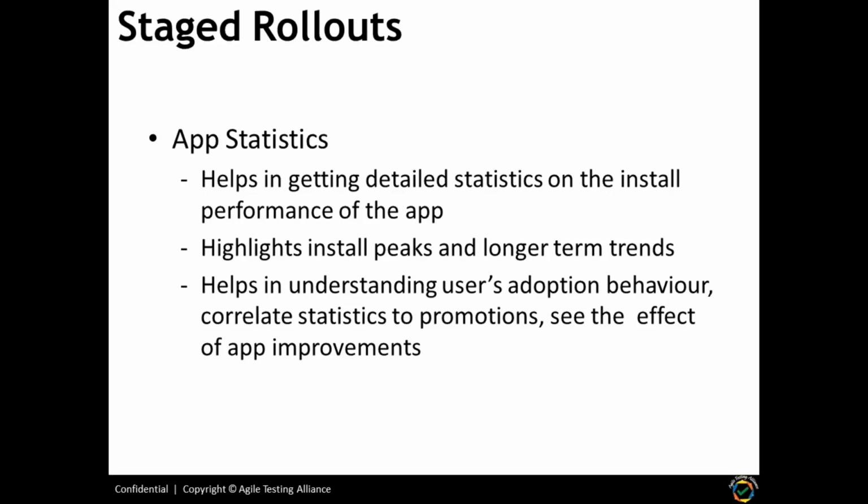All those statistics can be taken. It also highlights install peaks and longer term trends. It also helps in understanding users' adoption behavior, correlating statistics to promotions, and seeing the effect of app improvements, right?